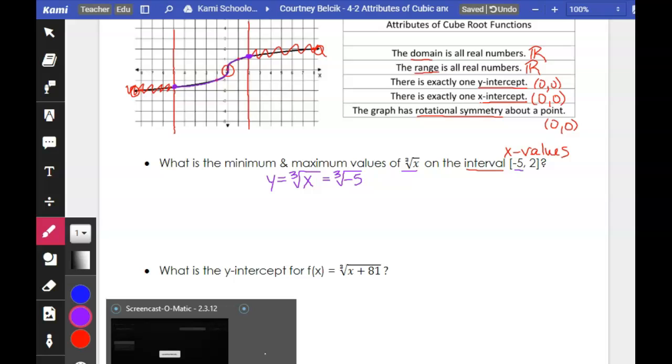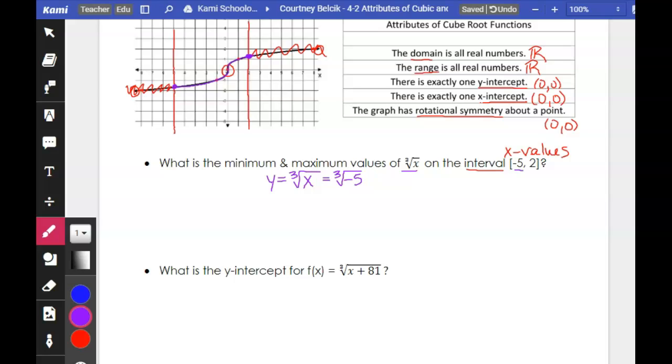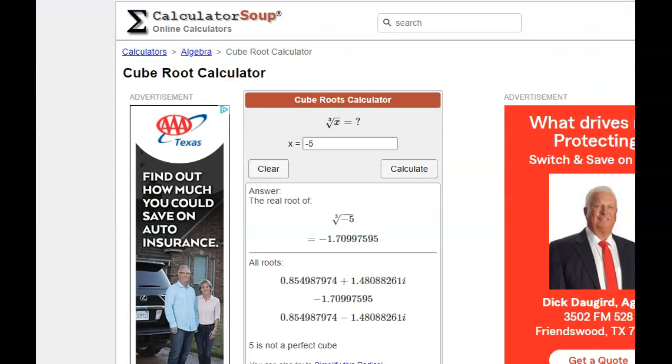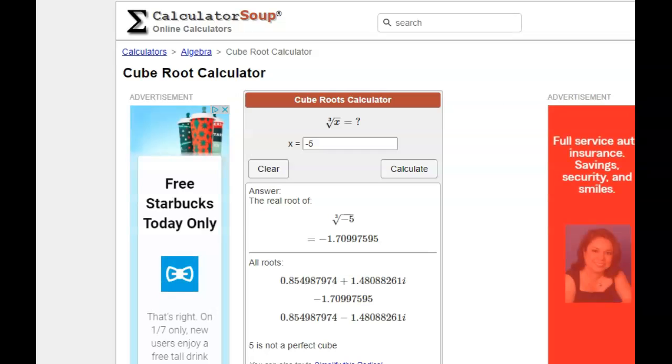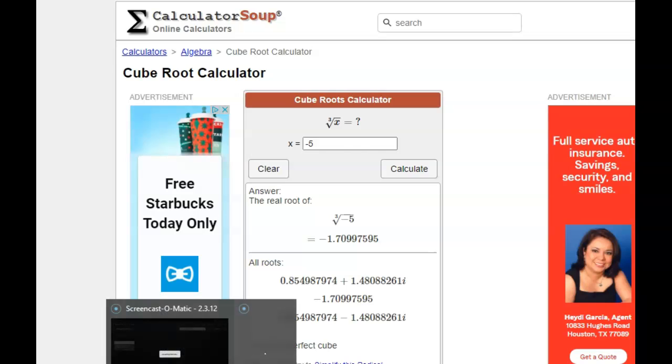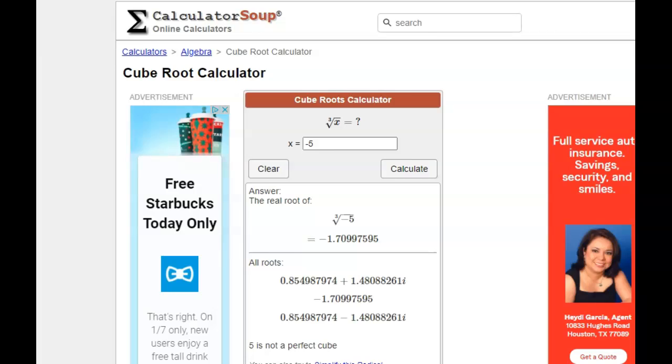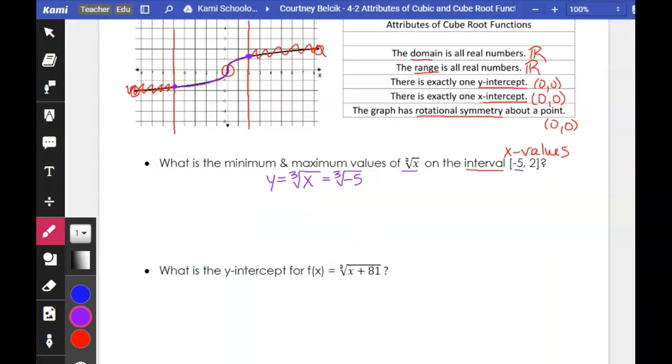If you type the cube root of -5 into the calculator, you're going to get -1.7 something something something. So we don't really get a nice pretty number, but I did type it into a cube root calculator, ignore the stuff that's on the sides. It was a quick Google search, and so I was able to type it in and get about -1.7. So this is how we say about, -1.7. That's the minimum.